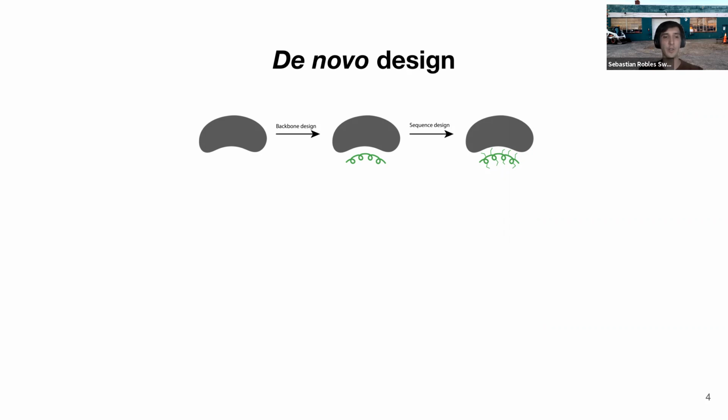So far this problem has generally been approached as a two-step process. The first step is designing a backbone, and then the second step is designing a sequence that will adopt that backbone conformation. In case we want to design a backbone that binds a protein, you just modify this and prioritize favorable interactions between the peptide and the protein at the step of sequence design normally. I imagine we're all pretty familiar with sequence design.